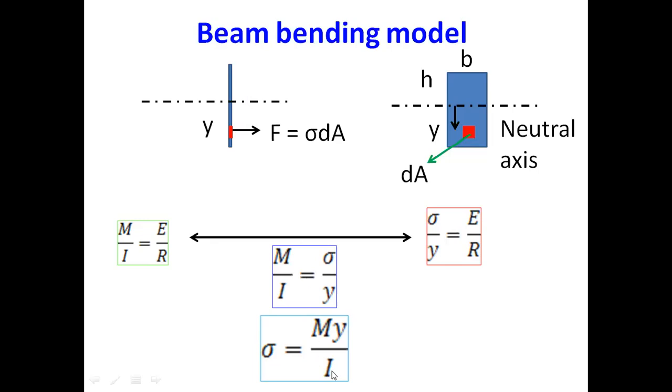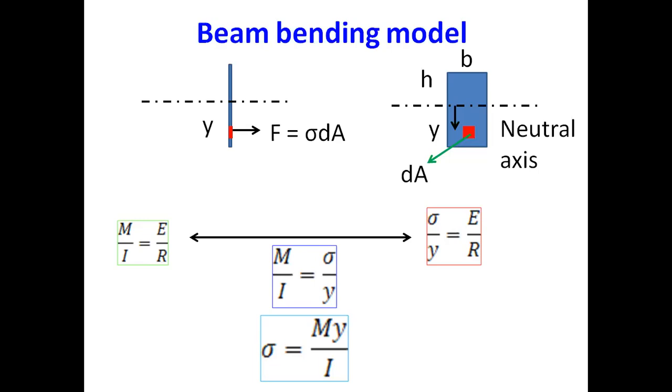I is the second moment of area of the cross section of the beam. M is the bending moment, the resistive moment. It is the resistive moment because this moment we have calculated from the resistive force, the internal force which is produced inside the beam because of the bending.